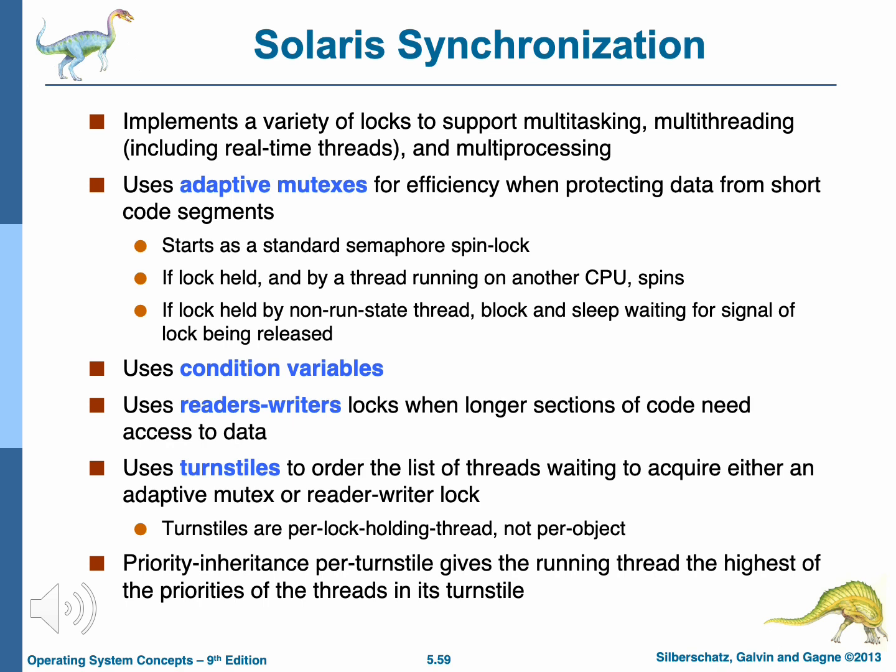Solaris uses turnstiles to order the list of threads waiting to acquire either an adaptive mutex or a reader-writer lock. A turnstile is a queue structure containing threads blocked on a lock. For example, if one thread currently owns the lock for a synchronized object, all other threads trying to acquire the lock will block and enter the turnstile for that lock.